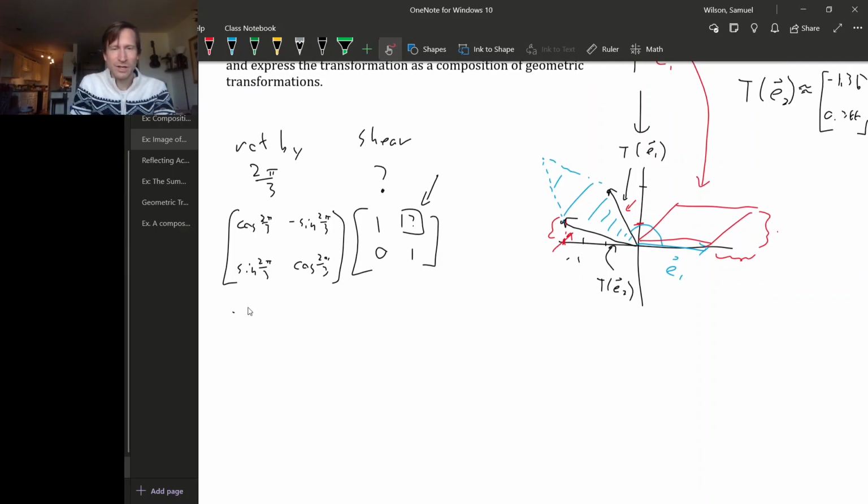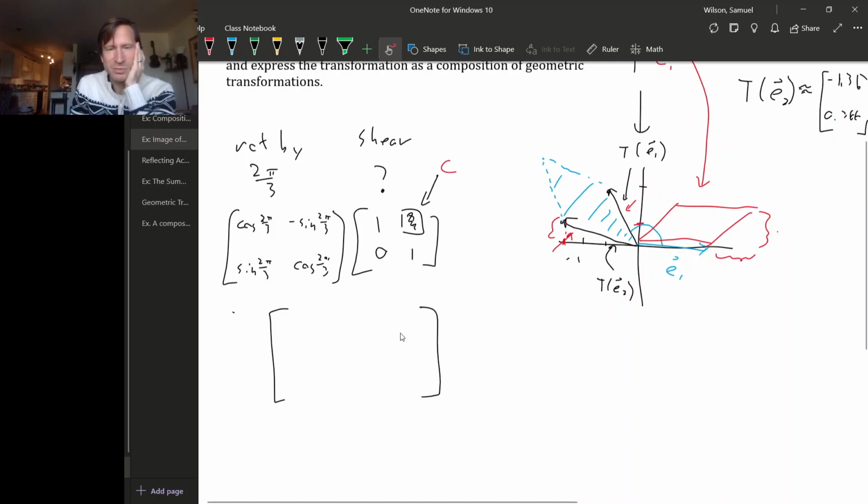So if we do this matrix multiplication, let's call this c just so it has a name. We really only need to know what the upper right hand corner is. So that's going to be first row, second column. Cosine 2 pi over 3 is minus a half, and minus sine of 2 pi over 3 is minus root 3 over 2.